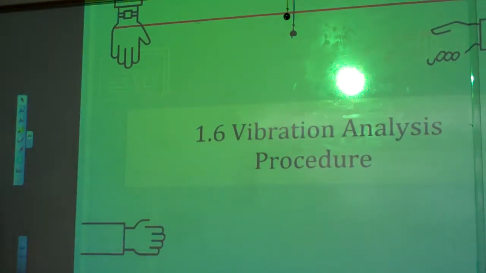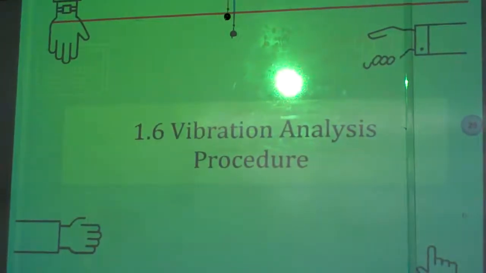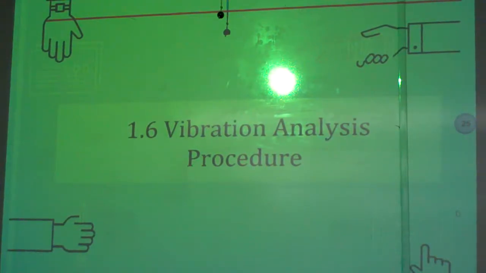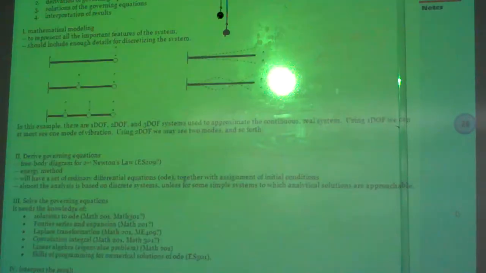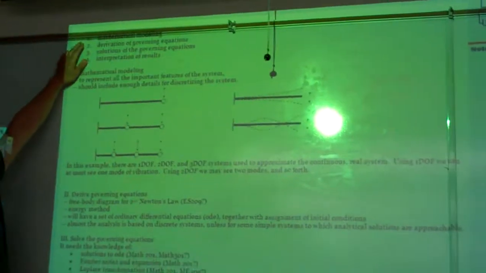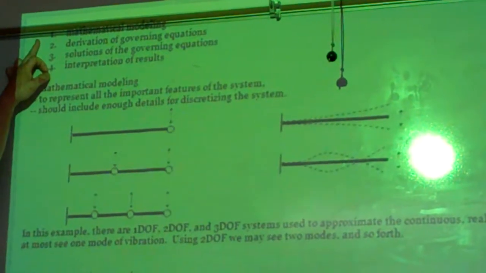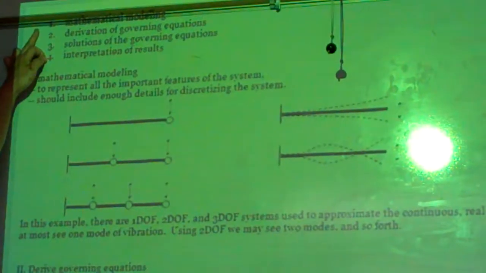Okay. So now, let's go to section 6 and the procedures. Here I'm going to describe things in a little bit more general terms. The first step is called mathematical modeling. That means applying Newton's law as a first tool.